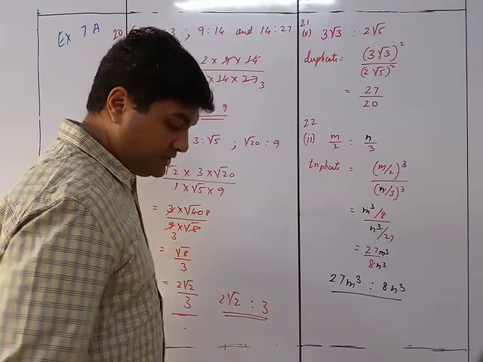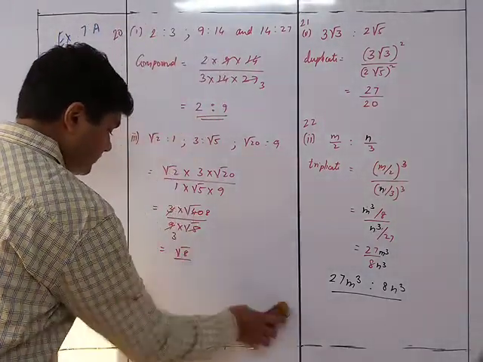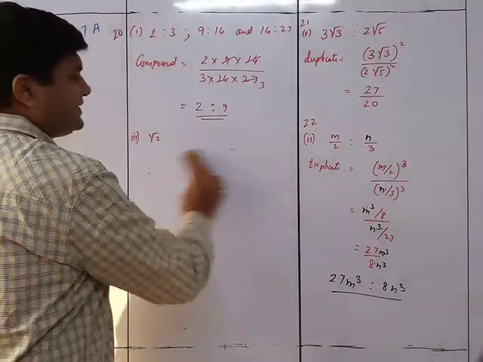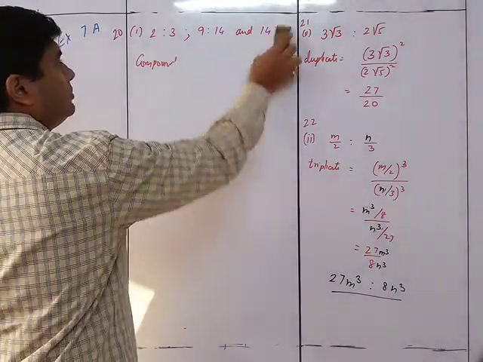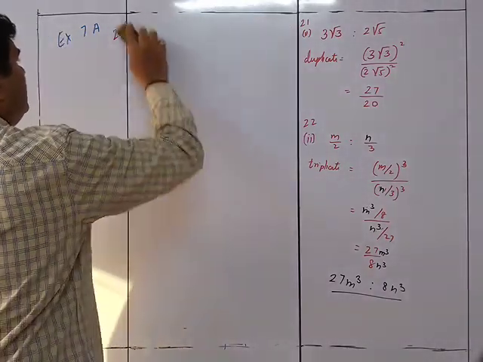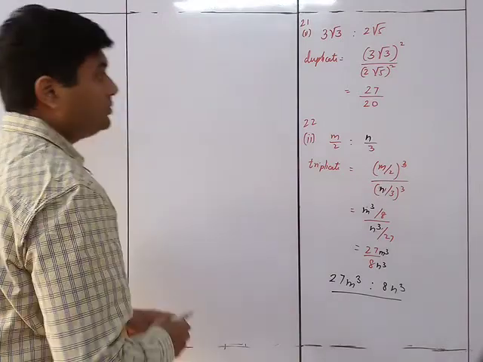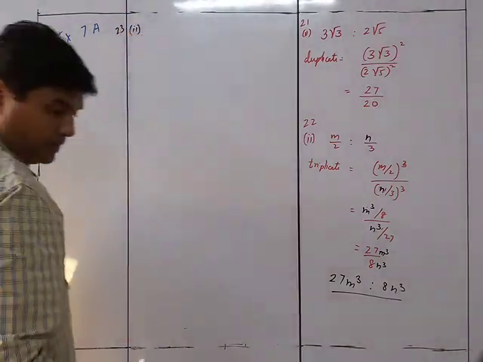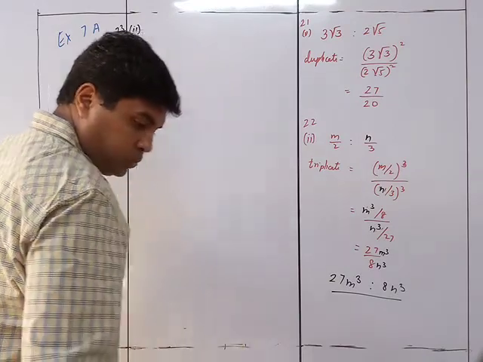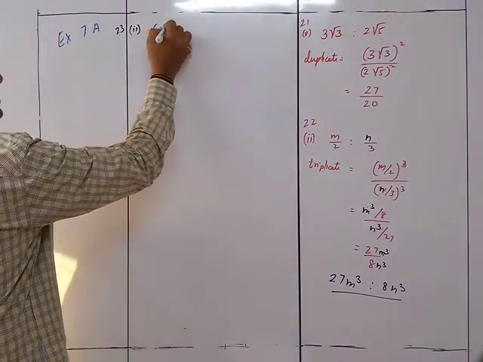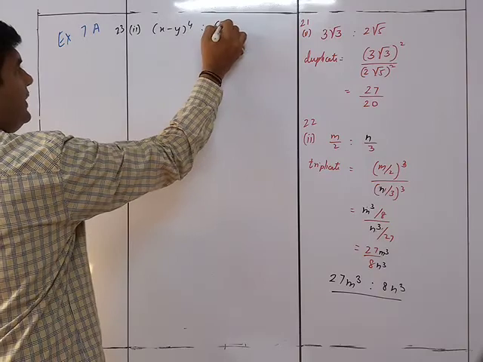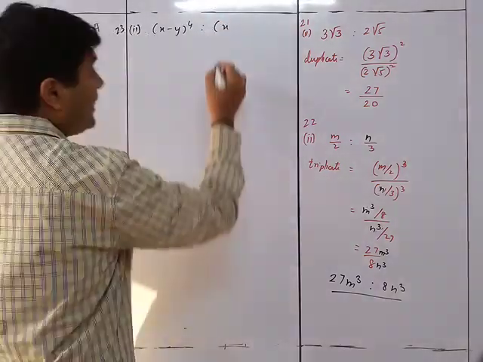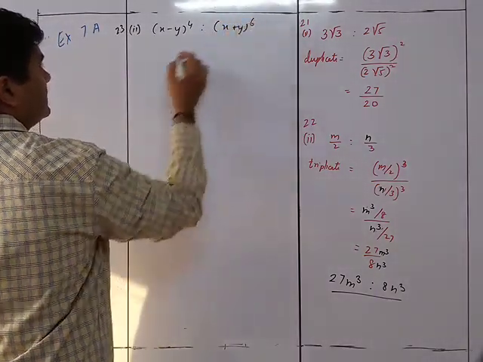The next one is sum number 23. You can see very easy sums when it comes to duplicate, subduplicate. So sum number 23rd, second part. X minus y raised to 4 is to x plus y raised to 6.